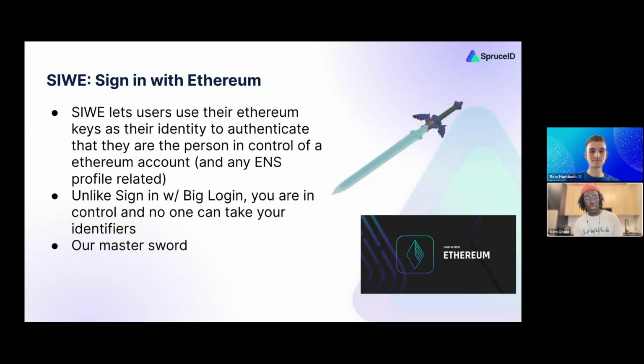If I want to say I'm Vitalik.eth, I have to prove it, and I can't because I don't control those keys. But I can prove that I'm Gbafa.eth. Like I mentioned, no one can take away your identifier. In our Zelda analogy, it's our master sword. Signing in with Ethereum is basically our main tool that makes us who we are.